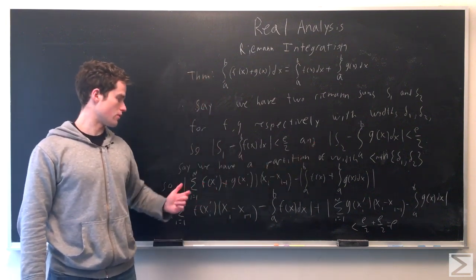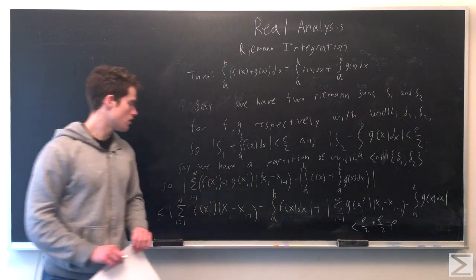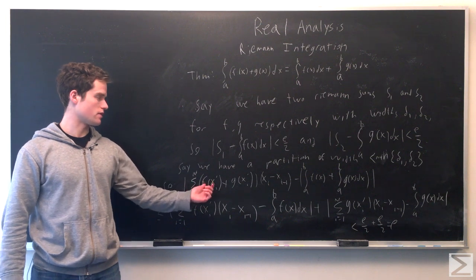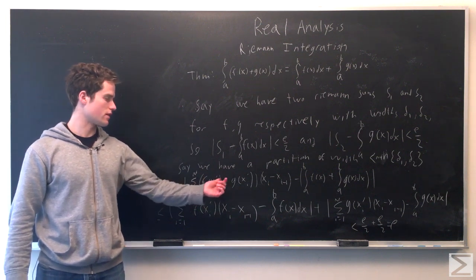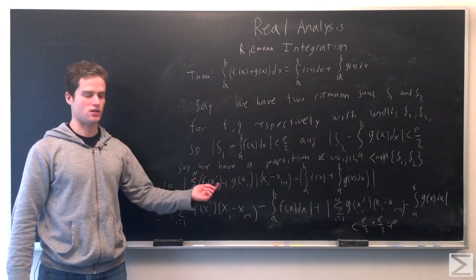And so now we want to show for our sum, our function is f of x plus g of x. Xi prime is just any x between xi and xi minus 1.